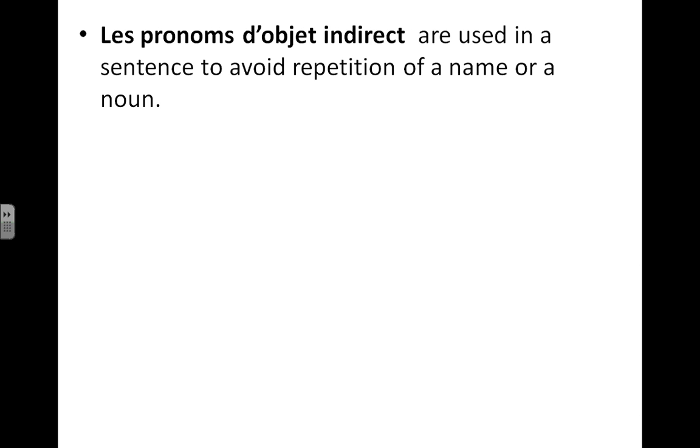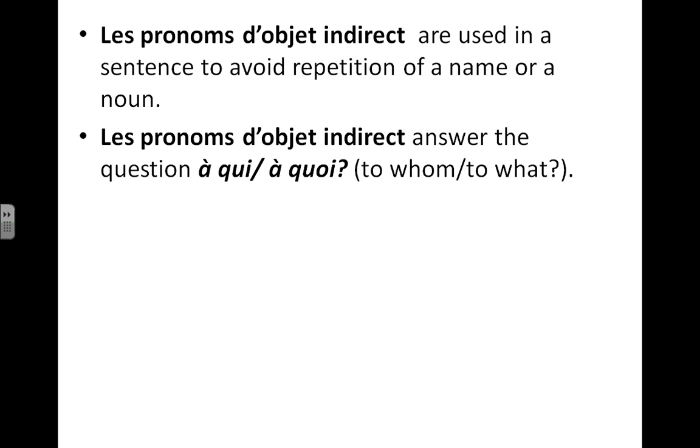So they're like the COD: you don't want to be redundant, repeating the same thing all the time in a sentence, while you're speaking or writing. Instead of the COD, they answer the question à qui, à quoi, to whom, to what. The other one answered the question what, whom. This one, to whom, to what. So there's a difference there.